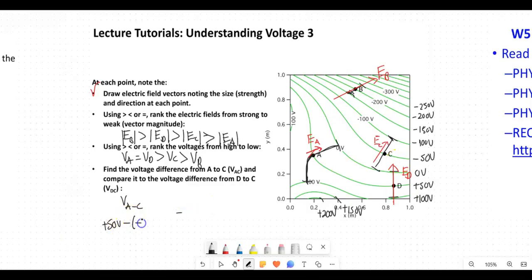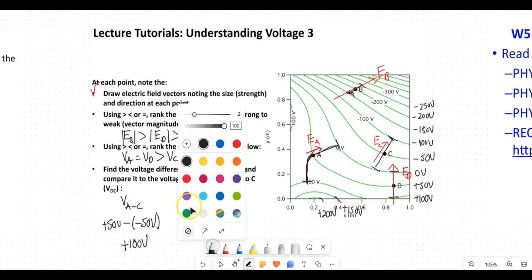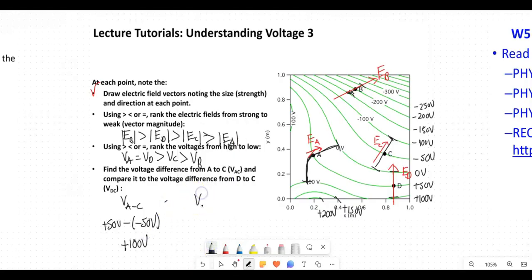So this is going to be minus a negative 50 volts. Positive 50 minus negative 50, that's going to be plus 100 volts. And now if we do the voltage of D minus C, well, D is on the same voltage line. So that's going to be positive 50 volts minus a negative 50 volts, which is going to be a positive 100 volts.